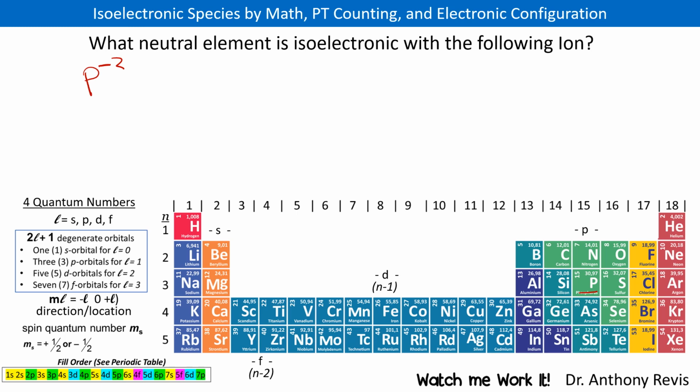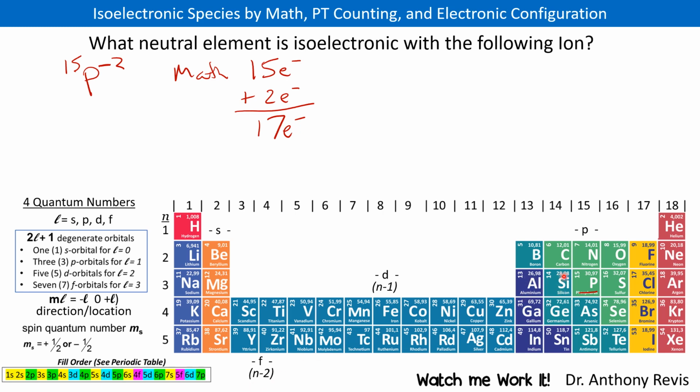All right? So here we go. Originally, phosphorus has 15 total electrons. So this is reduction. The math for reduction is the original electron count, and we're going to add electrons because reduction adds electrons, and now we get 17 electrons.